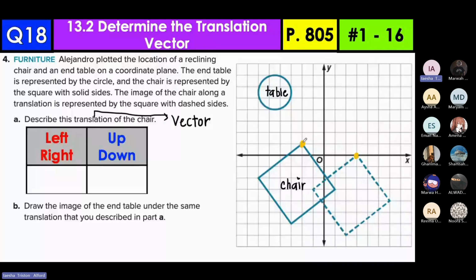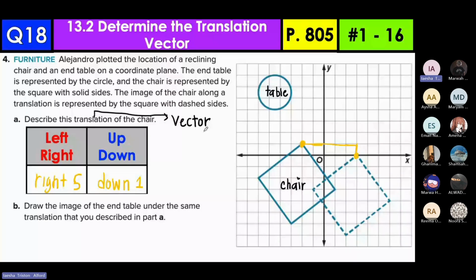I'm going right 5, and then down 1. So this is the vector.